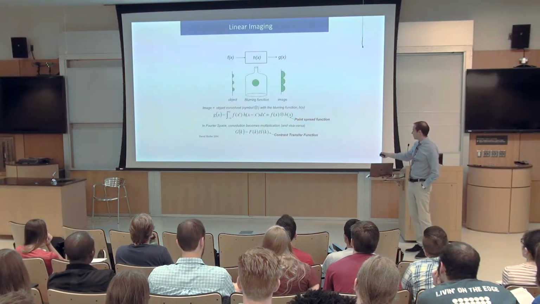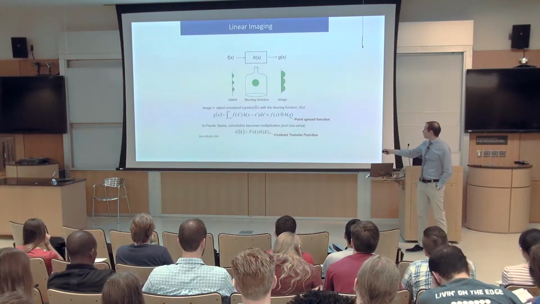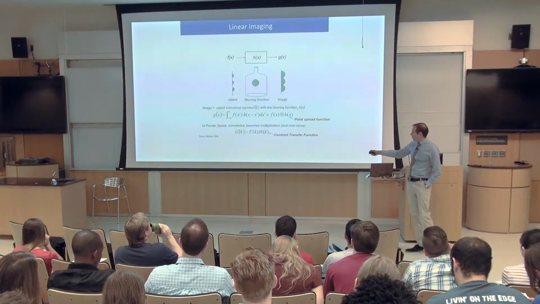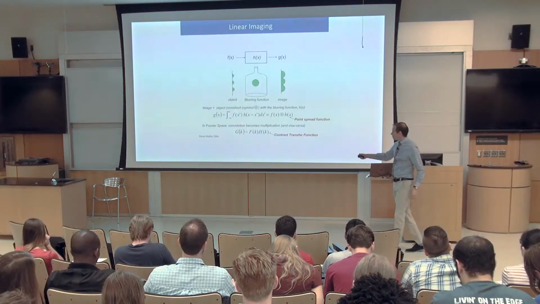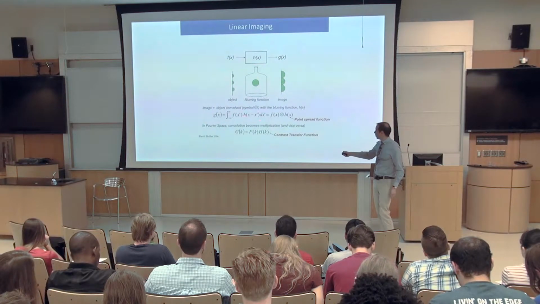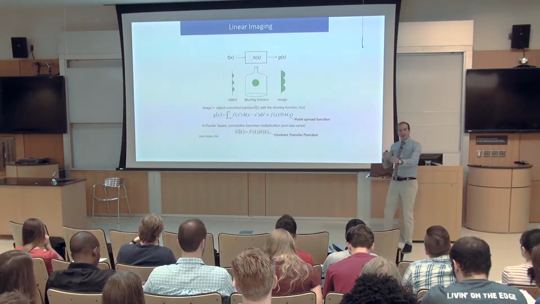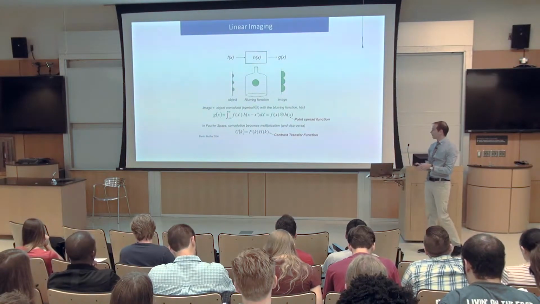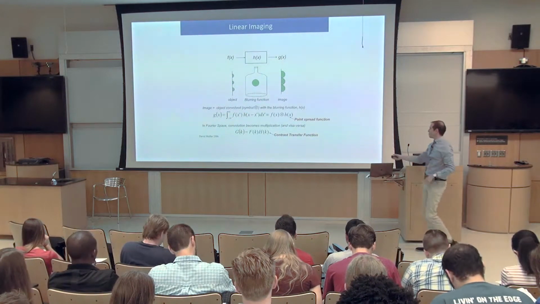We call that h of x the point spread function. If we convolve our object with h of x, that mathematical operation is an overlap of our object function with this blurring function, and we then roll that blurring function across our object. I'll explain that in the next slide.